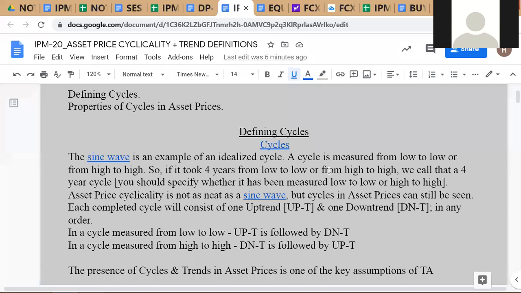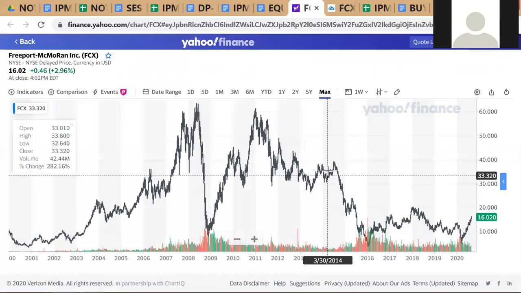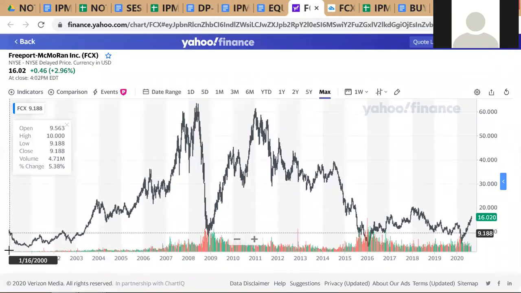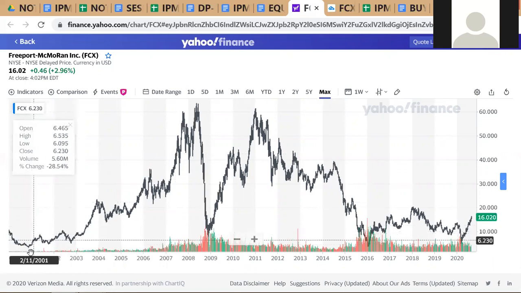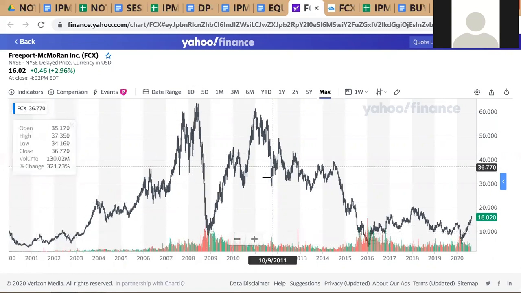So we can stop this. Now we can see in real life. Remember, that sine wave is generated by a function, but here there is no function as such. There is no ex ante a priori function. Markets are just playing around with the price of FCX, and look at the patterns that emerge.